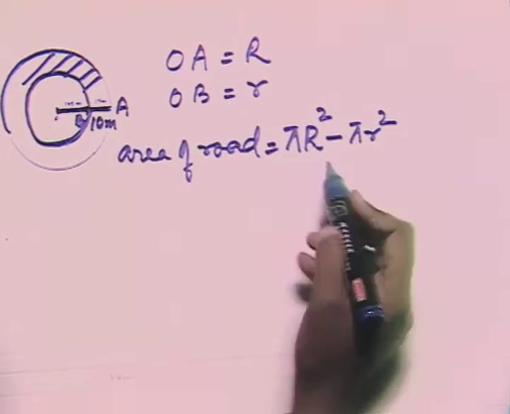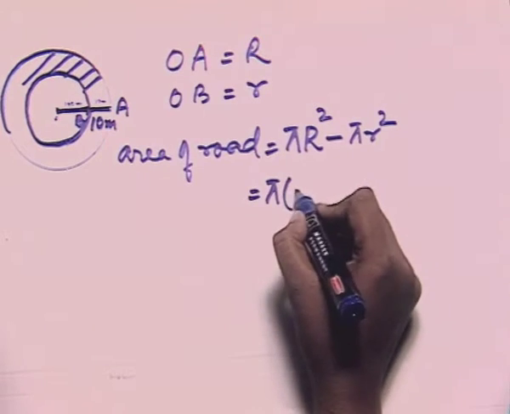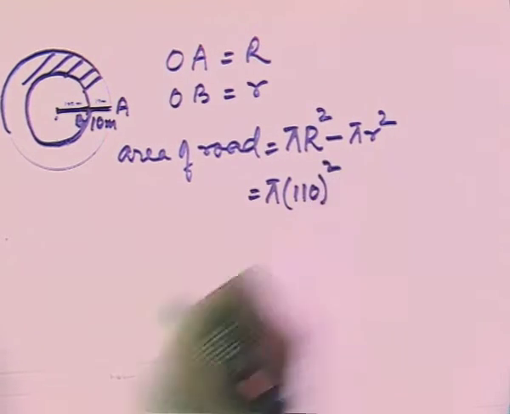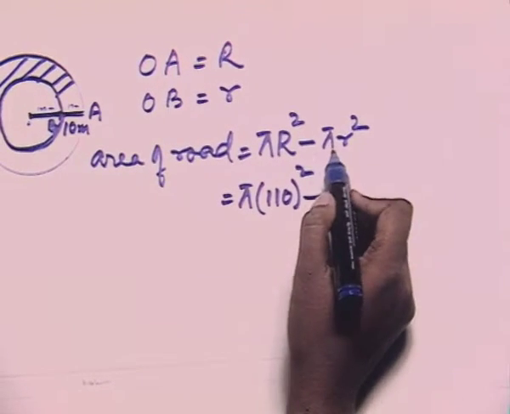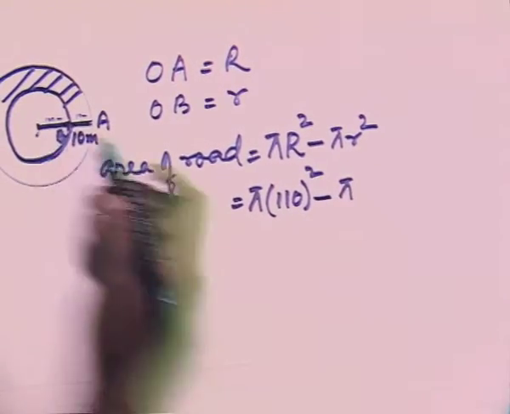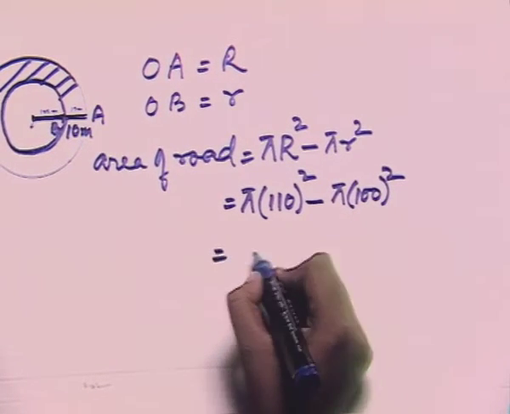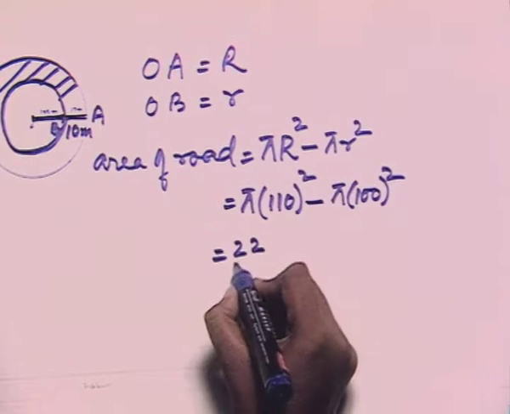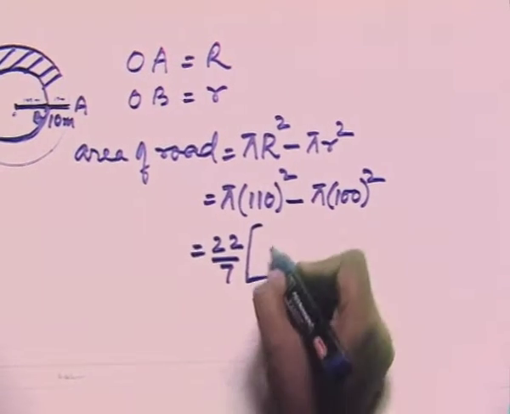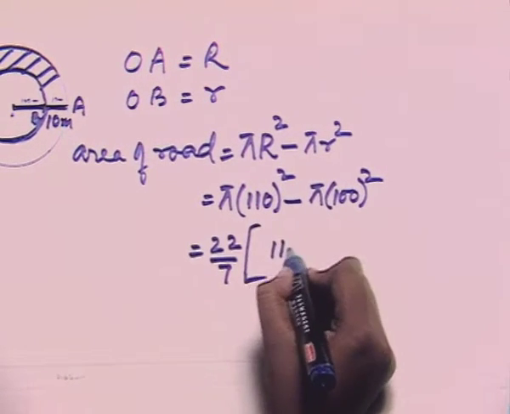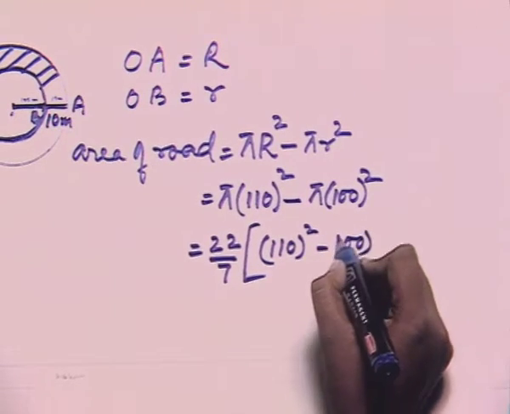So, pi into 110 square minus, we have to find out the area of the inner circle, its radius is 100 meters. So, pi into 100 square. We can take out pi common or put the value of pi as 22 upon 7. Taking it out common, we are left with 110 square minus 100 square.